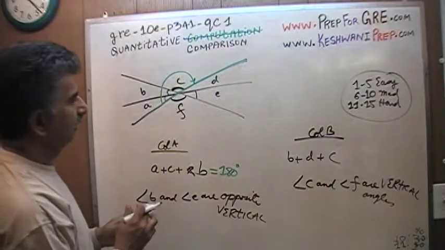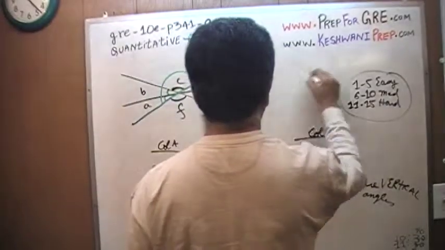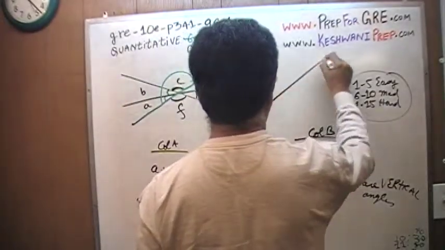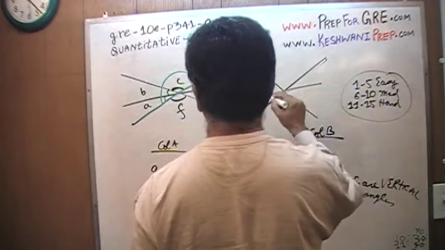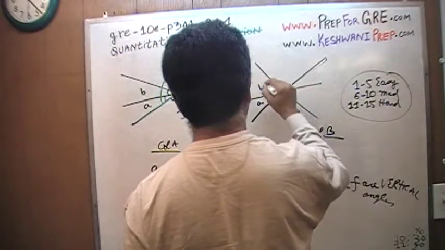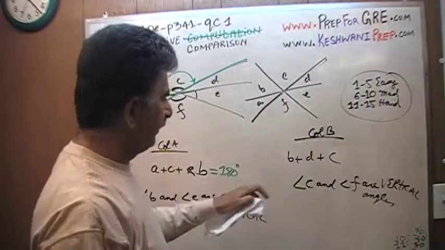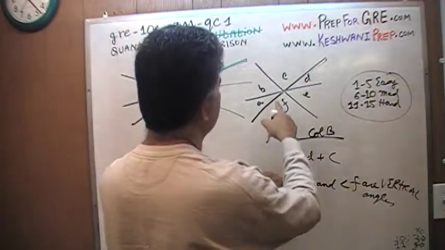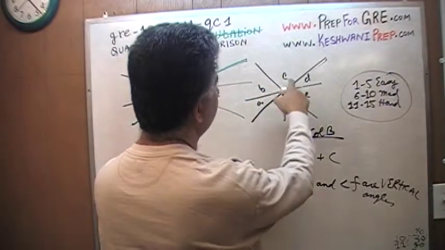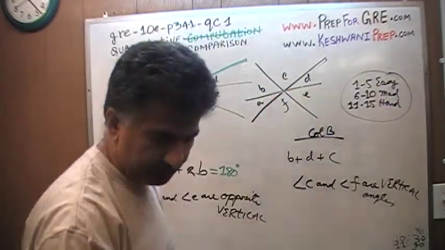I need to show you here. A, B, C, D, E, F. So now we have B, where is B? B plus D plus C, which makes another 180 degrees.